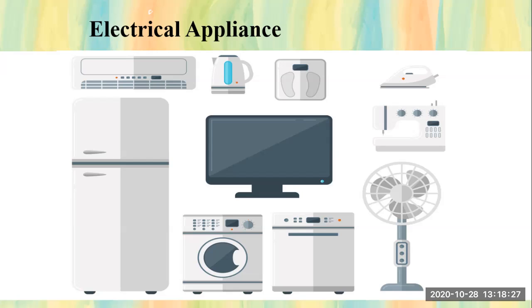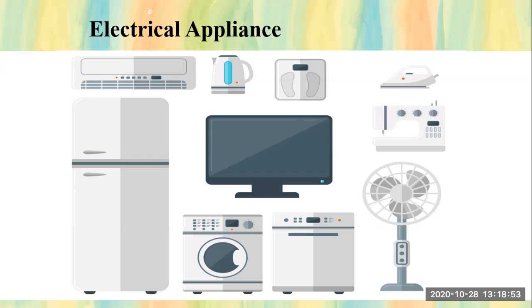Electric current. Then on TV, we watch our favorite cartoons, then animals, Discovery channels and everything. This television works on what? Electric current. Then sewing machine, fan, washing machine. There are again numbers of appliances which are very helpful for our day-to-day life, which we can't live without.